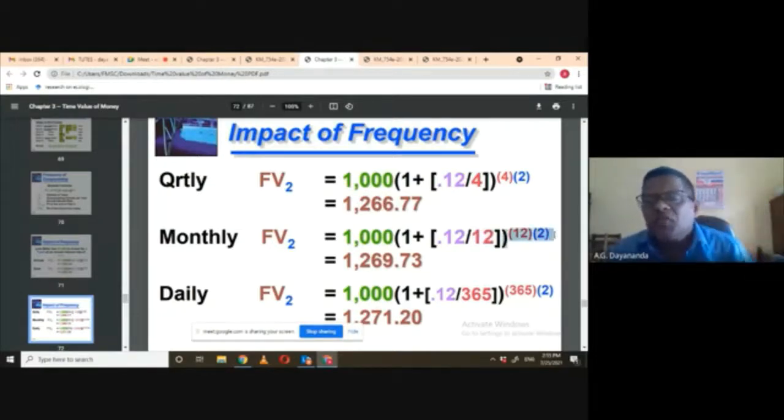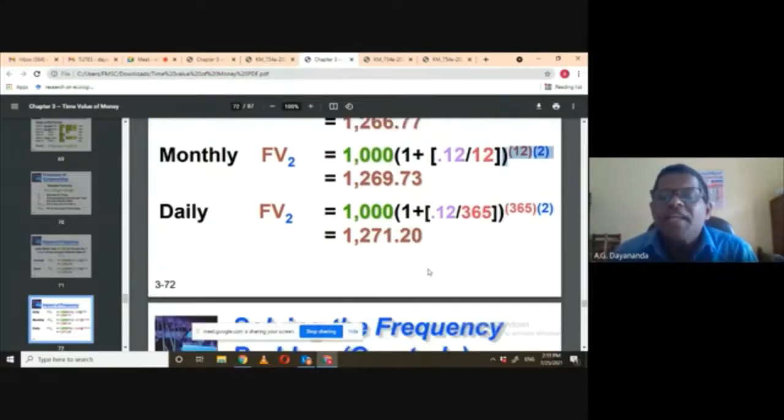Similarly for daily, you divide 12% by 365, assuming there are 365 days per year, and multiply the periods by 2 because you keep the investment 2 years. So your investment value would be 1,271. So that is the frequency.